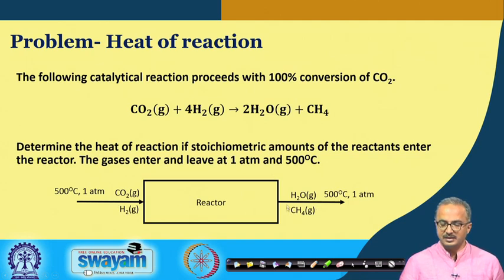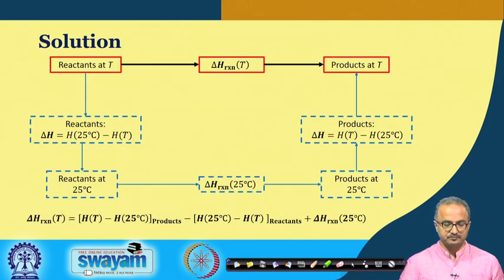It reacts and it gives out the products water vapor and the methane gas at the same temperature as the inlet and same pressure as the inlet. Okay. So, we have to find out the heat of reaction if stoichiometric amounts of the reactants enter the reactor. That means, we are adhering to the exact amount required by the stoichiometry for each of the reactants.